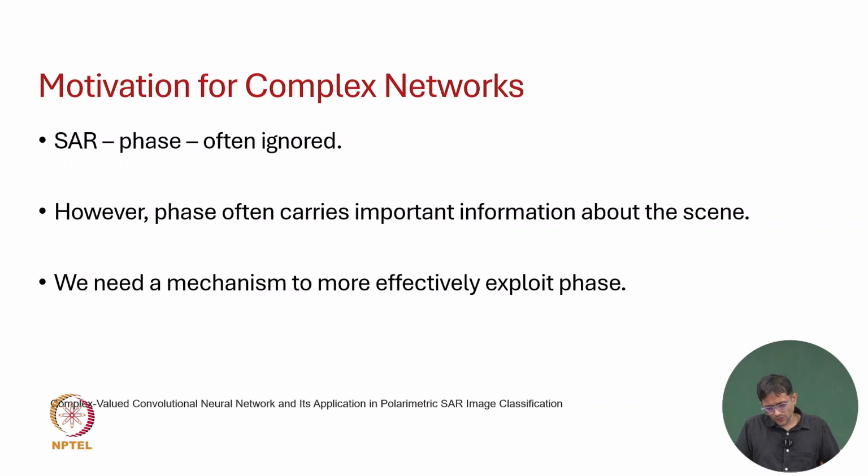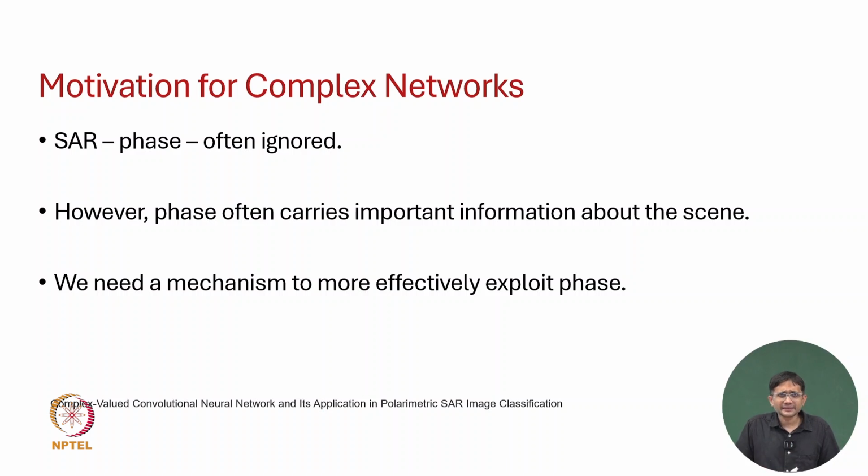Of course, there could also be applications where phase information doesn't carry so much information. I'm not denying that. There, you can probably ignore it. But in most applications, phase actually carries important information about the target scene. So we need a mechanism to more effectively exploit the phase information or the complex SAR data.